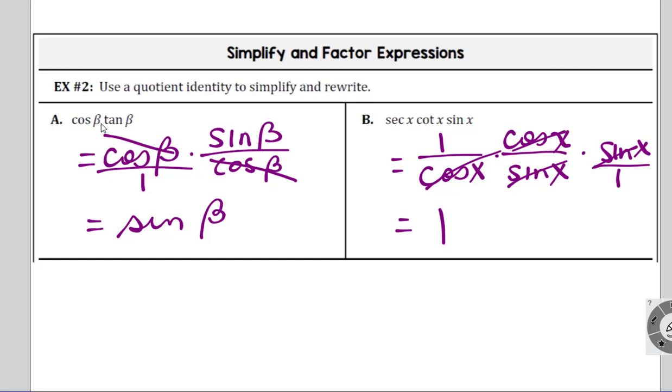So I would only substitute an expression for a square if I started with a square. I'm using the quotient identities and the reciprocal identities, but not the Pythagorean identities. Oh, okay. Yeah, we're not using those yet.